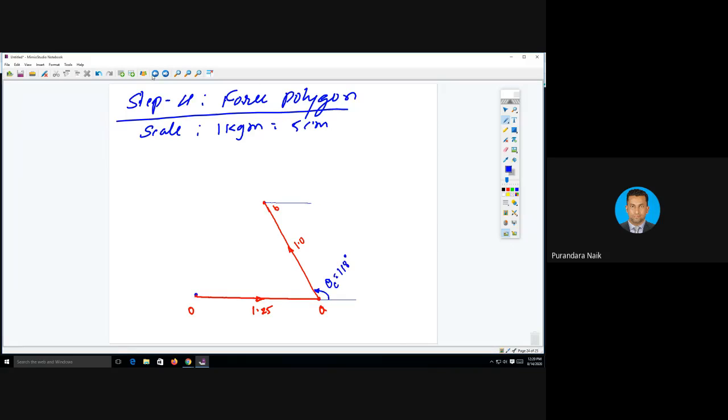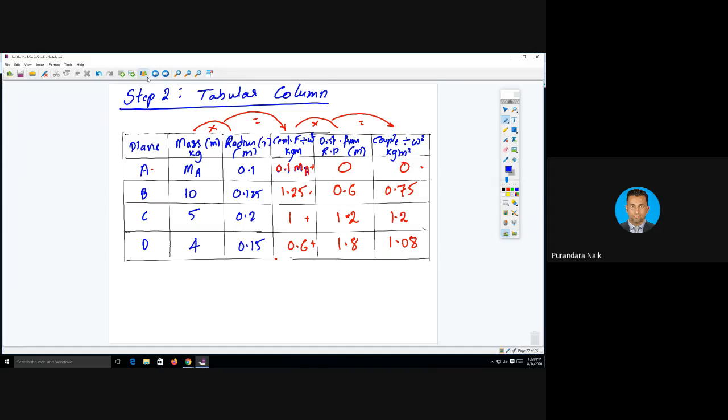So theta for the mass D is 0.6 into 5 centimeter. 0.6 into 5 will get 3 centimeter.